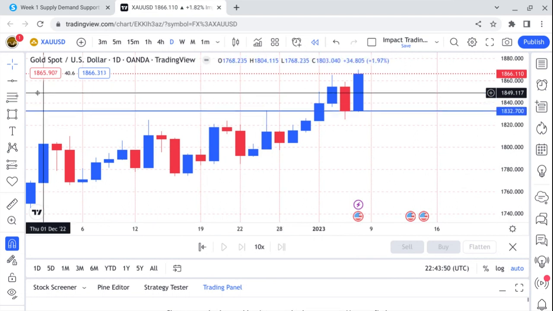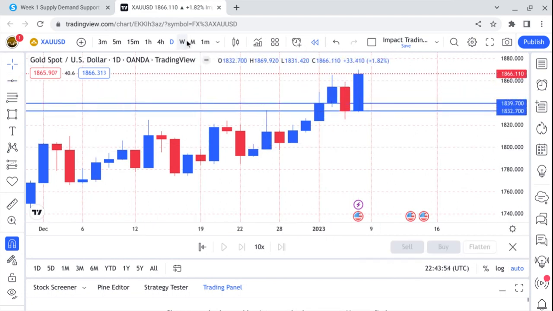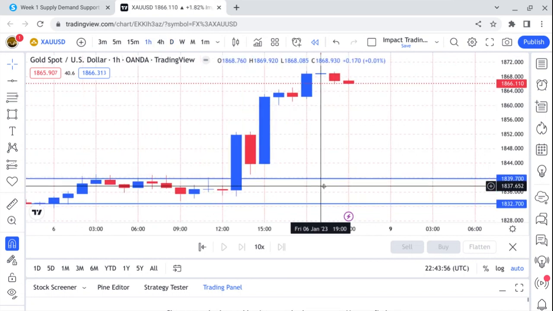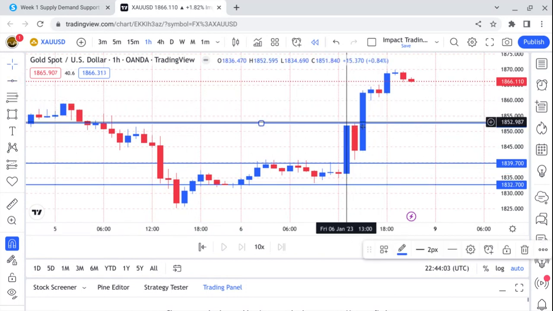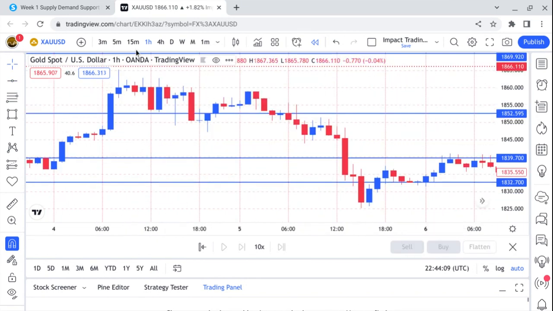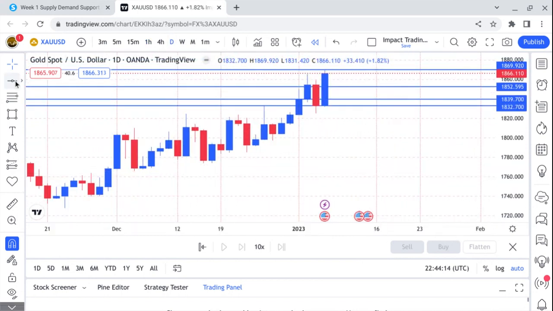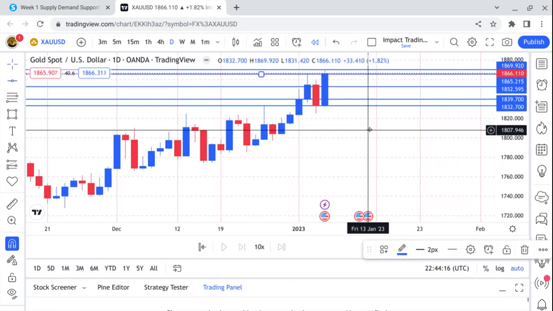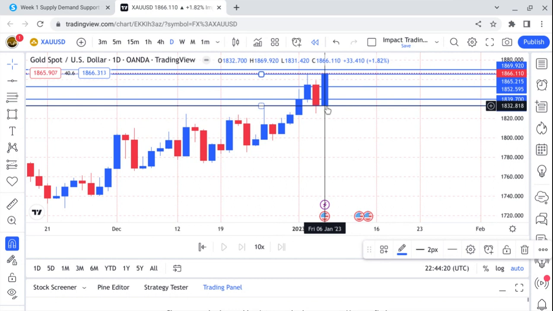Every point, every open, every close, every high, every low on the daily chart is a supply and demand support and resistance area.